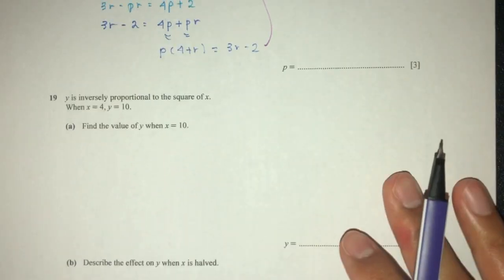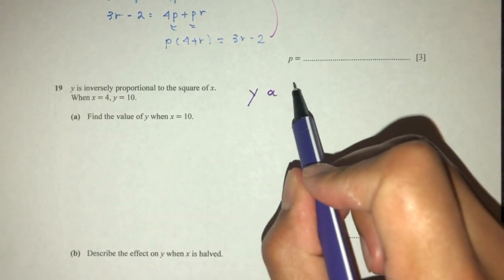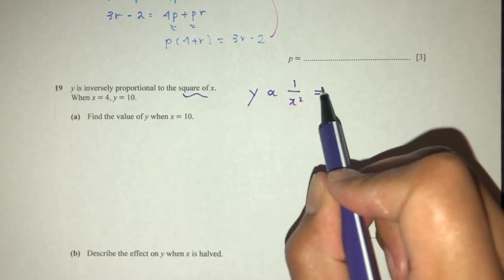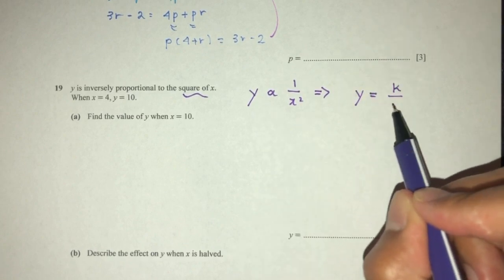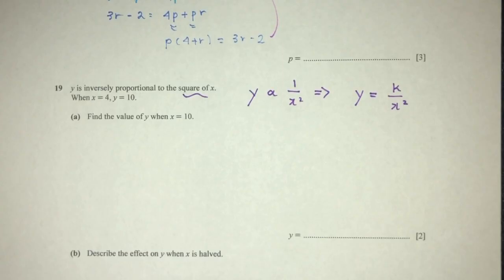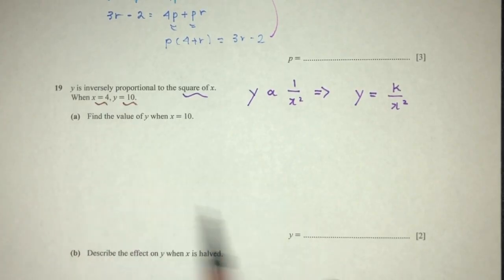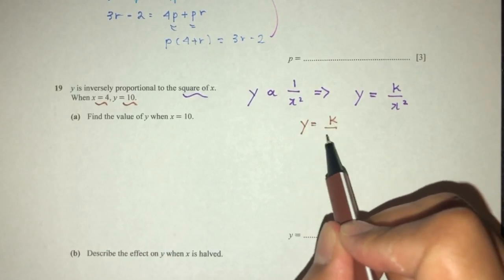Now let's move on to question number 19. So here we have y is inversely proportional to the square of x, it is x squared. Now we understand we can rewrite this as y is equal to a constant k over the rest. Now when the value of x is 4, y is this, so we have to find the value of k first.